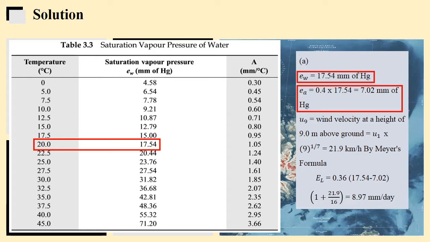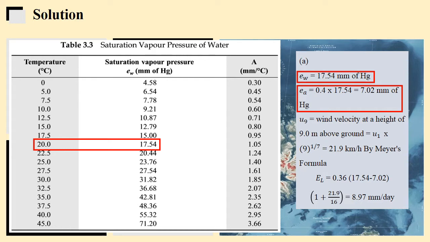So, 17.54 times 0.4 is equal to 7.02 millimeter of mercury. The value for U_9 is U_1 times 9^(1/7), which equals 21.9 km per hour. We then substitute the values we got into Meyer's formula.